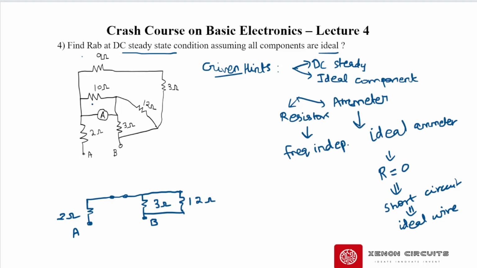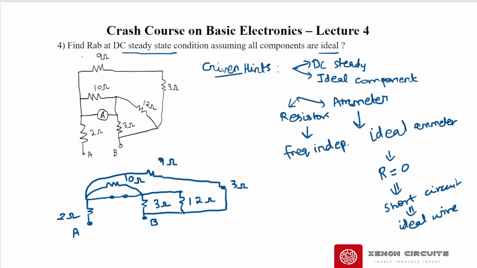Then there is a 10 ohm resistor connected between either end of the ammeter, and on top of that there is a 9 ohm resistor that is connected in series to a 3 ohm resistor, which is also connected through the node B.